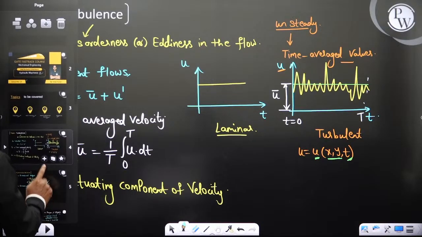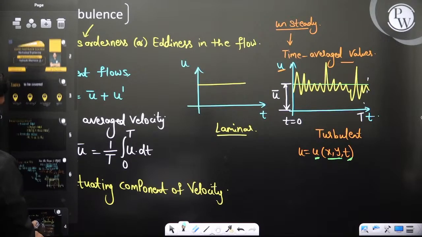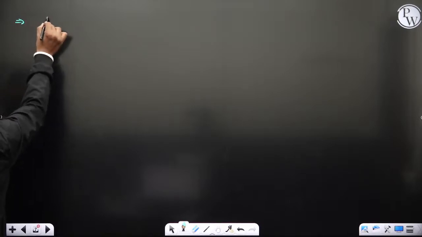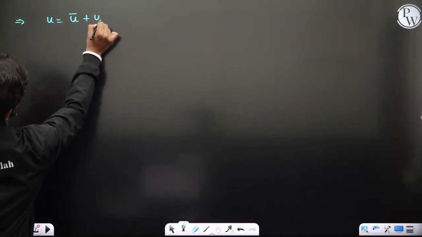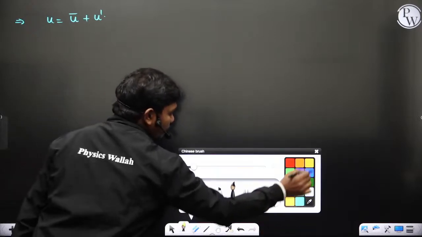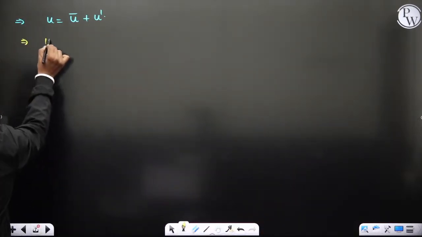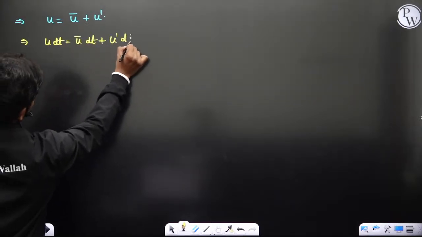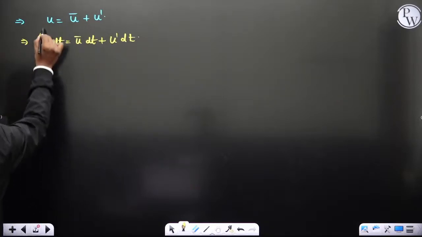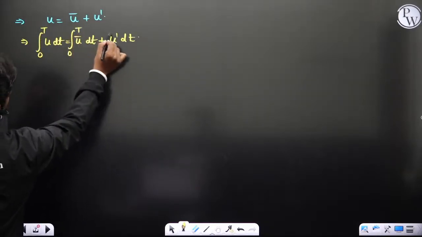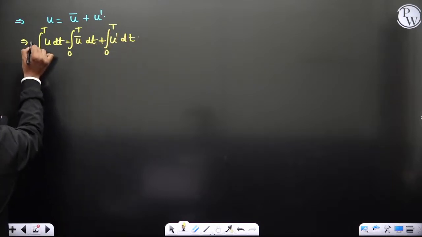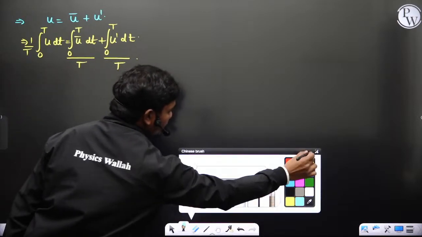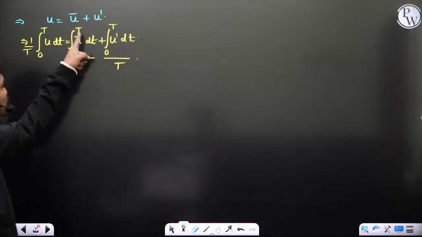Now if I move forward, this implies u is equal to u bar plus u dash, the fluctuating component of velocity. Now try to understand one thing. If I multiply by dt on all sides, u bar dt plus u dash dt, and integrate from 0 to t on all sides, and divide by t, over a given period of time this u bar is a constant.